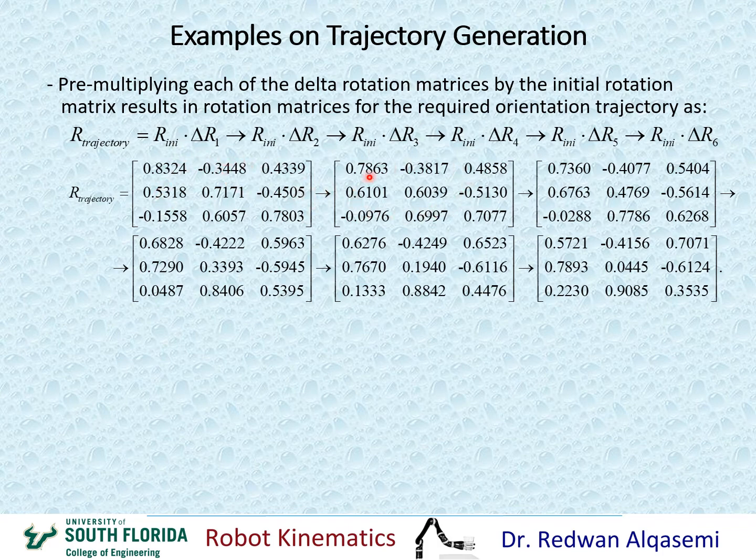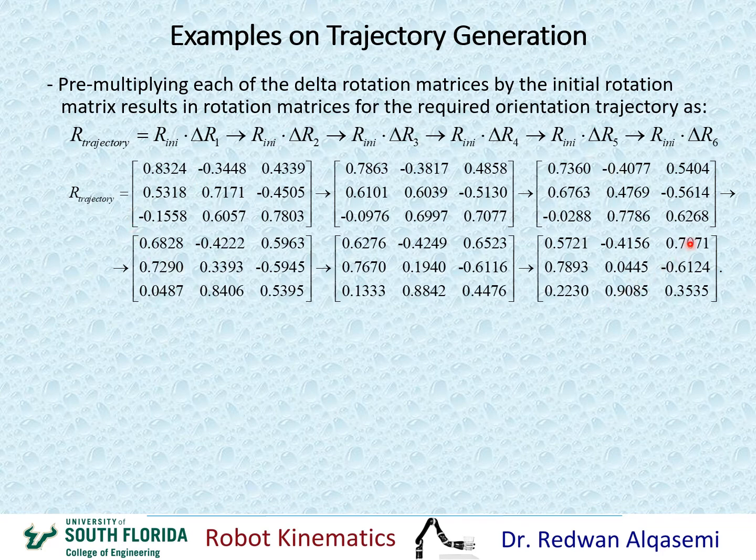And then this is my first step, and then the second step orientation, third step, fourth step, and my fifth step orientation is right here. This rotation matrix is the same as R final that was given in T final in the example. Okay, so basically this ends my trajectory for rotation.